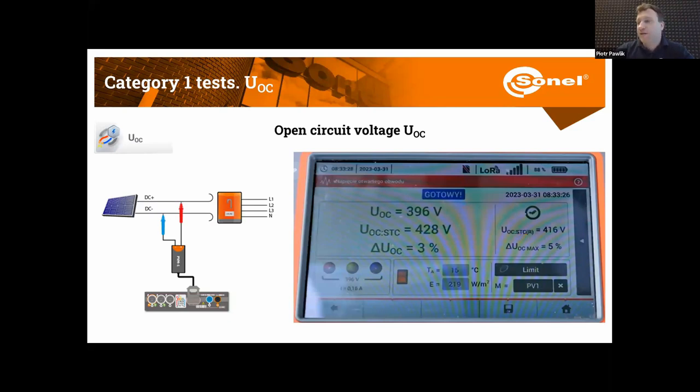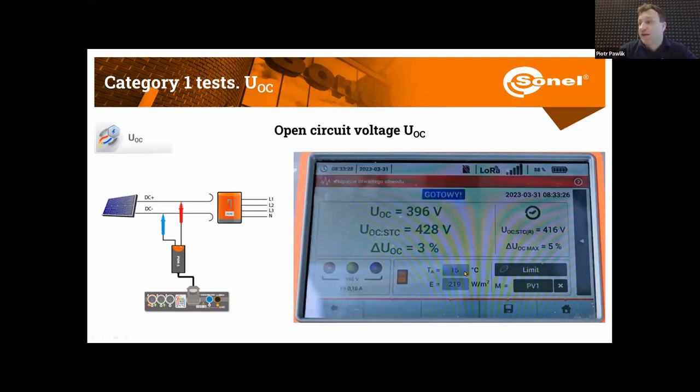Now, how can we convert the open circuit voltage measured in the actual conditions to the standard test conditions, that is 25 degrees Celsius and 1000 watts per square meter? For that, we're going to need a second meter that is checking irradiance and temperature.